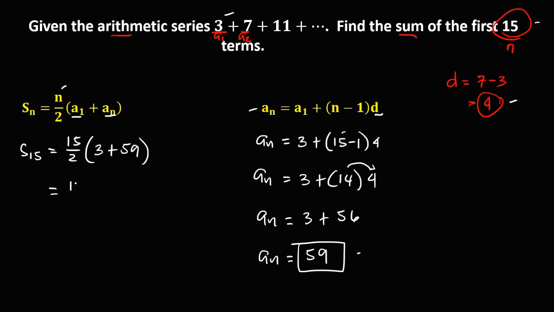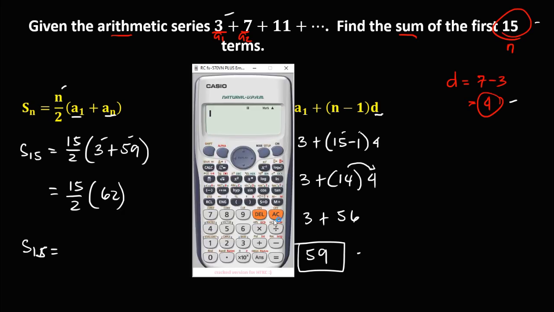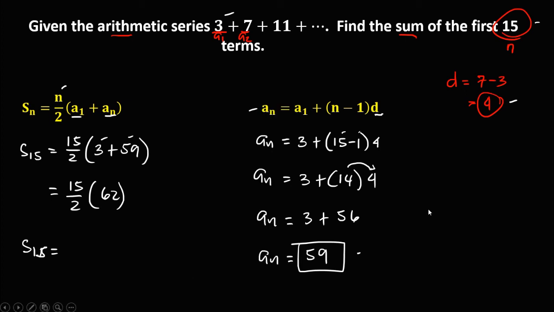Then simplify, 15 divided by 2 times 3 plus 59, that's 62. Therefore, the sum of these 15 terms is 15 divided by 2 times 62, that's 465. So the sum of these 15 terms is 465.